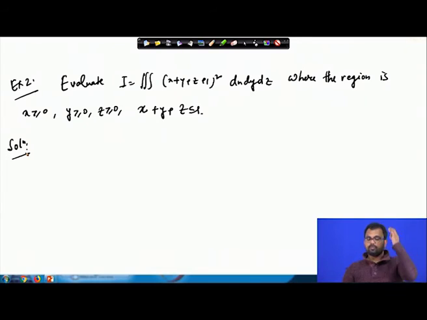So, here we have a region which is x plus y plus z less or equal to 1. We can draw it something like this.